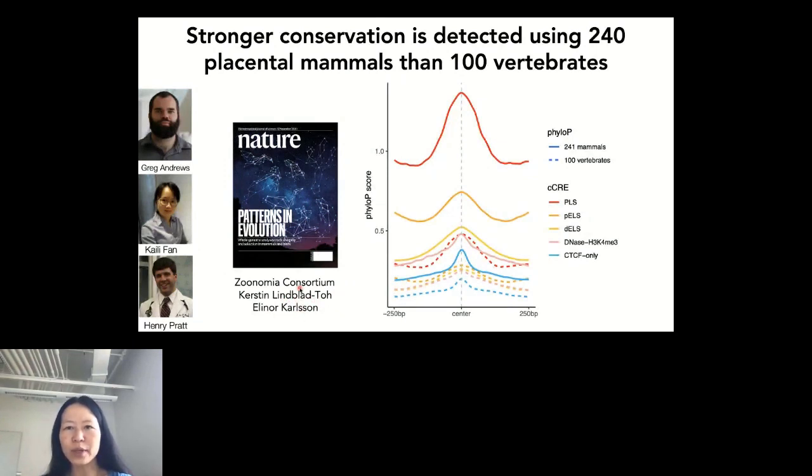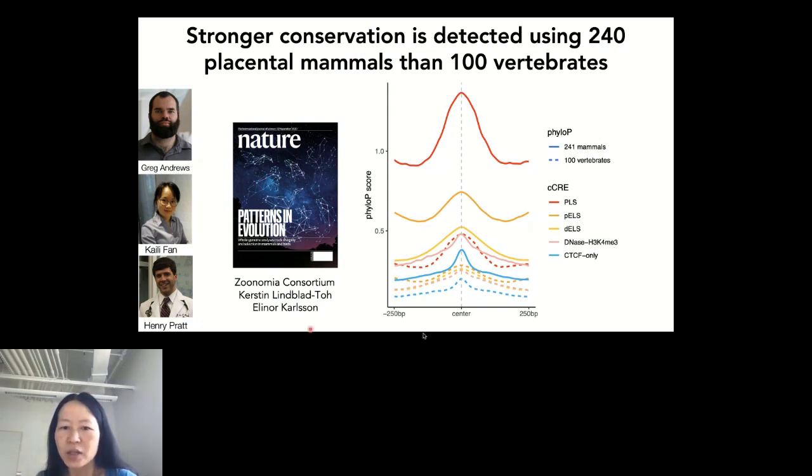We joined this consortium because they sequenced 240 placental mammal genomes. And we were wondering if we could take advantage of these mammalian genome sequences to study the evolutionary conservation of cCREs.